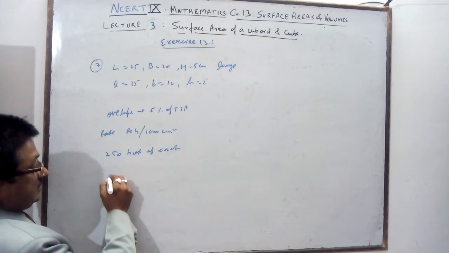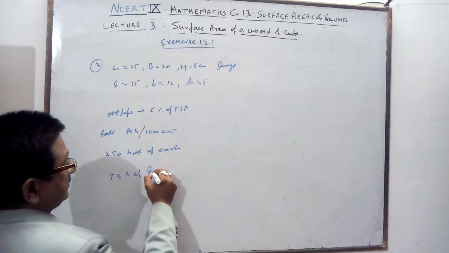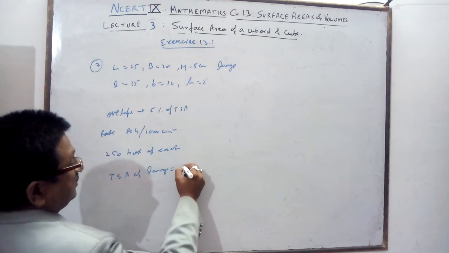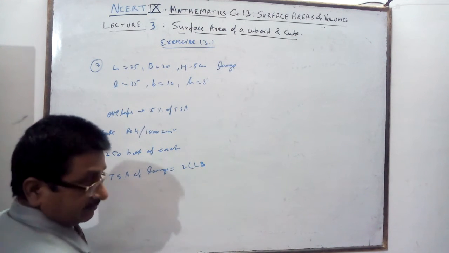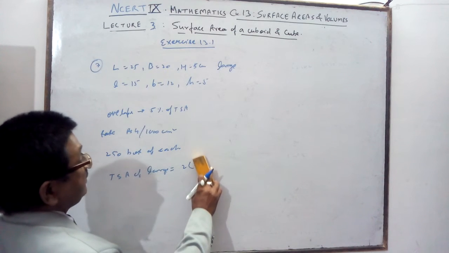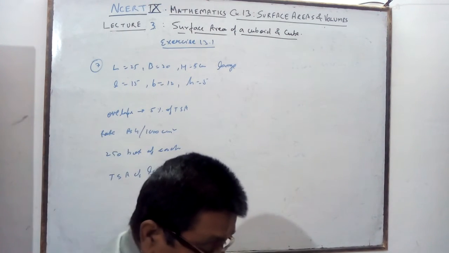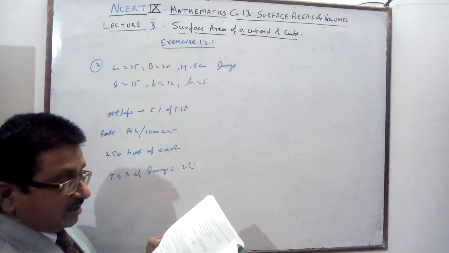So the TSA of the large box will be 2LB plus BH plus HL. The box will be prepared; you take the TSA and the overlapping is 5% extra. Here the question is given: it needs 5% of the total required extra for all the overlap.